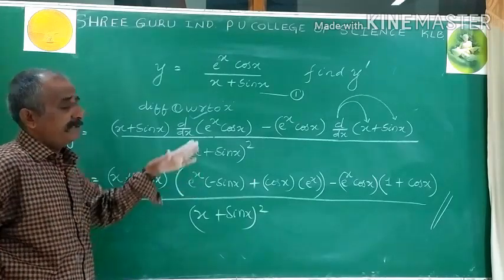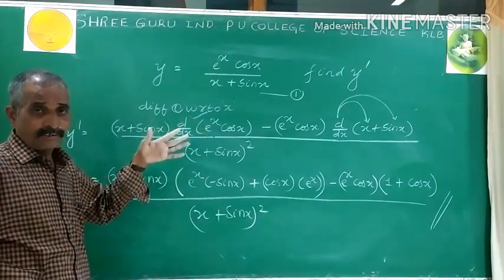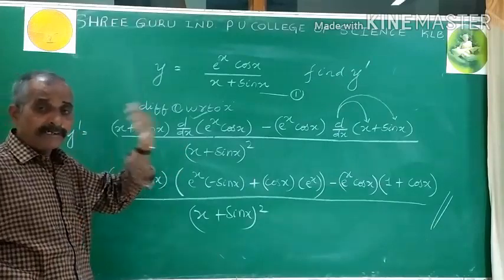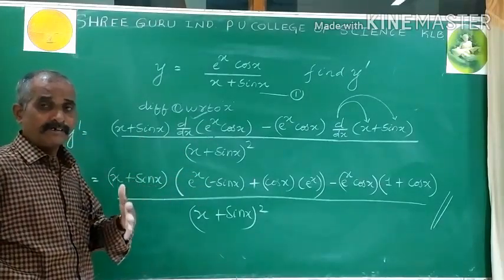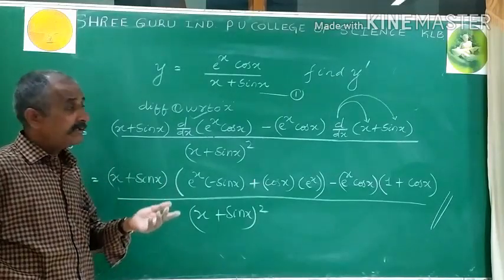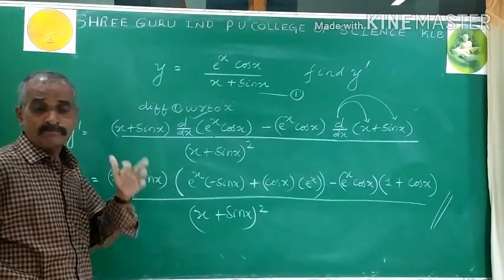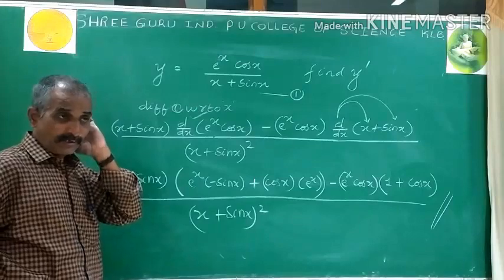Okay. By these examples, as I had already told, again I am repeating that: try to understand correctly where and how we need to apply the sum rule, product rule, and quotient rule.